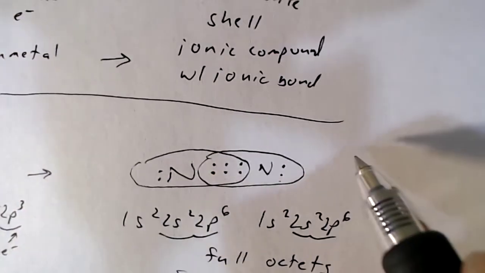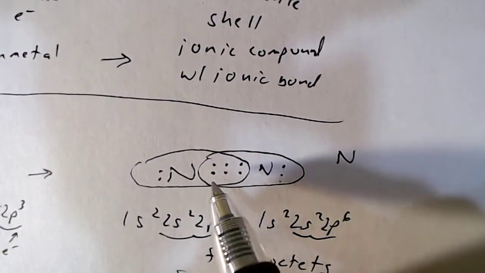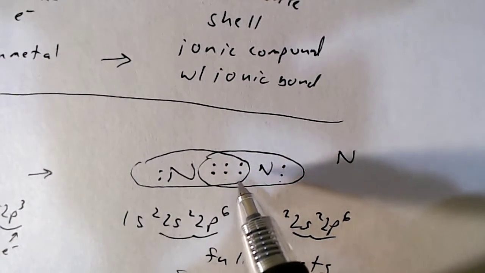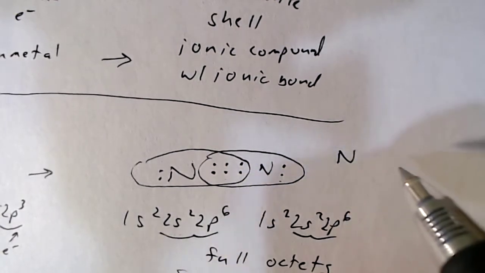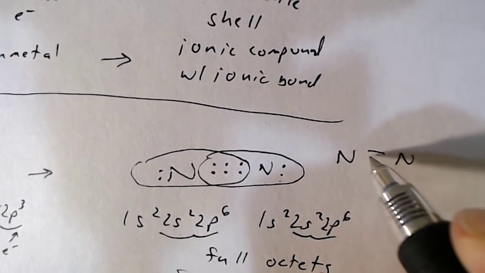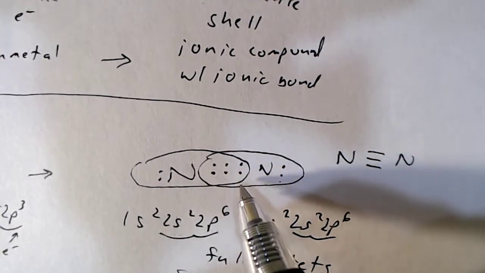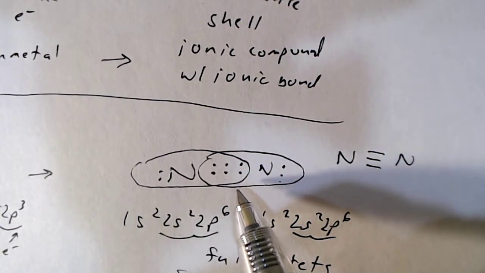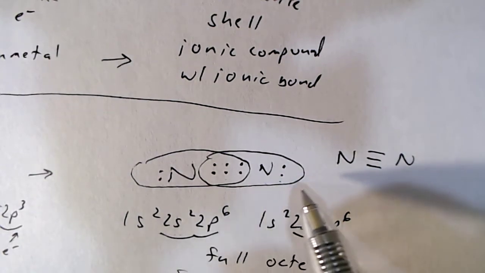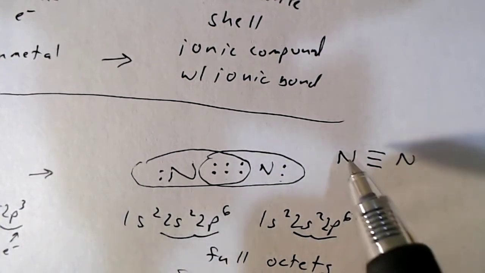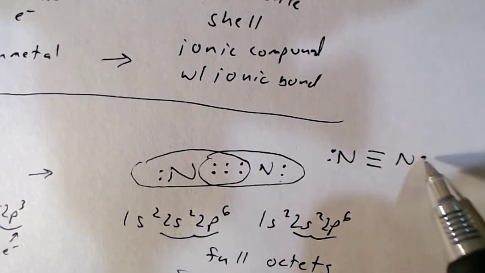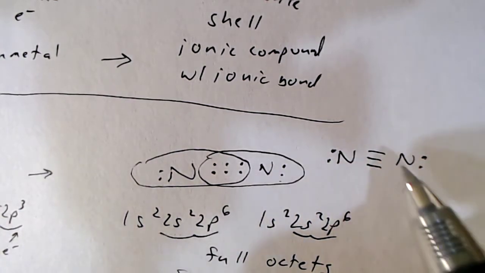But much more commonly, we are going to represent each pair of electrons that are shared between those nitrogens with a line. Here, there are 1, 2, 3 pairs of electrons being shared between them, so there are going to be 3 lines. This is going to be a triple bond.